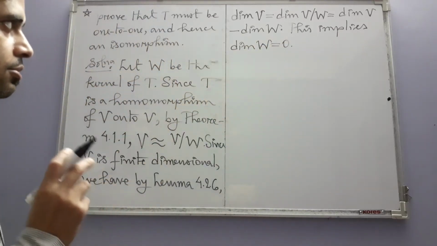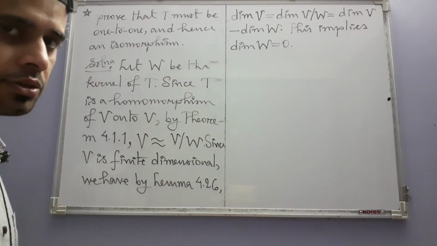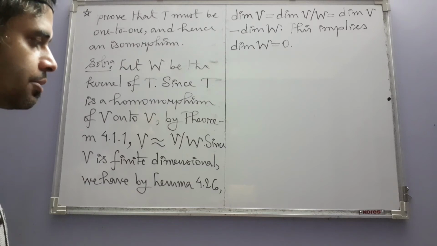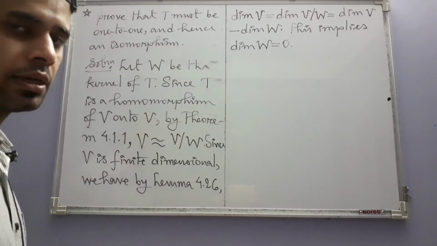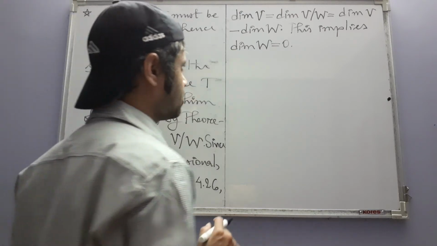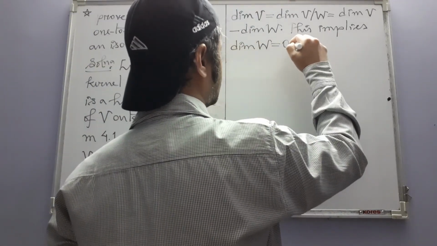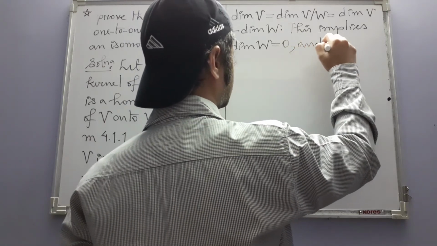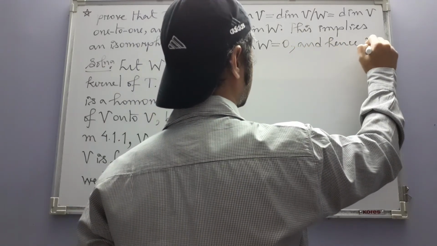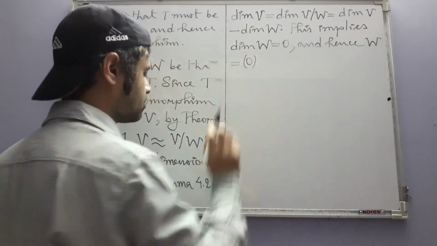Now there is only one vector space whose dimension is 0, namely the 0 space. Any vector space which has more than one element will have a positive integral dimension, and hence W is the 0 space.